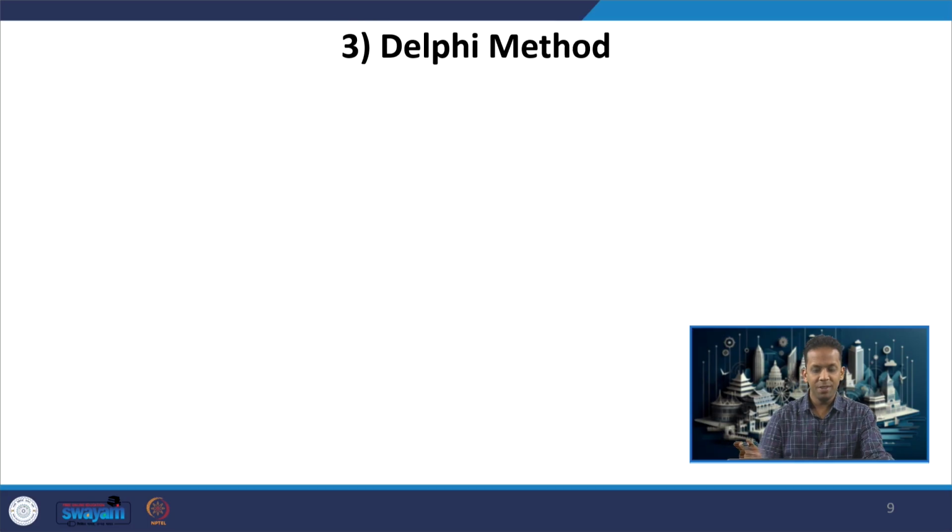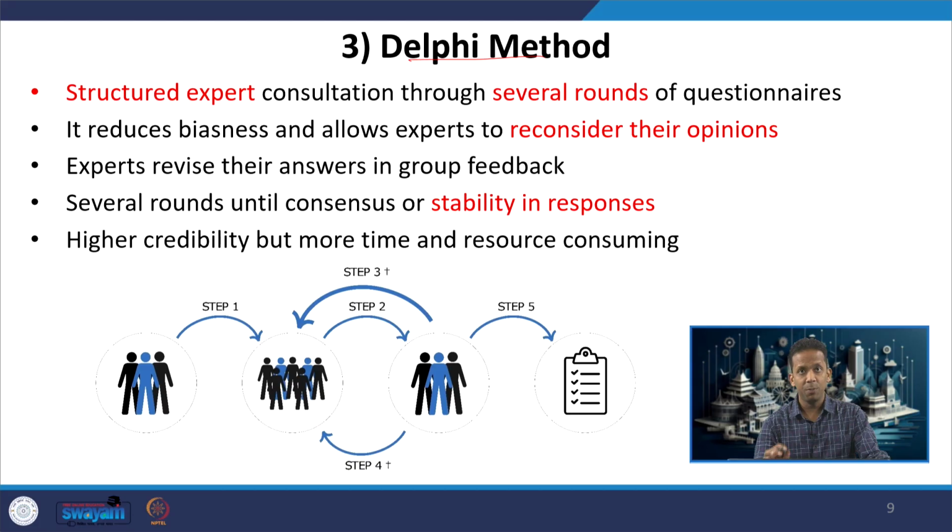The third method is the Delphi method. Here again it deals with involving experts only, and there are several rounds of questionnaires. When the experts from a related field are consulted through a series of questionnaires, they are asked those questions again after giving them the feedback from other experts.